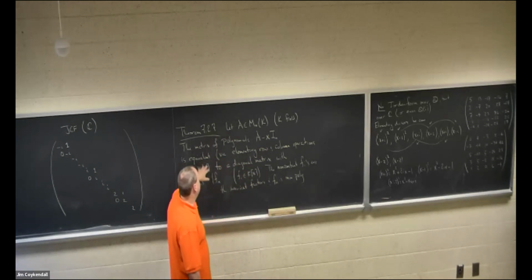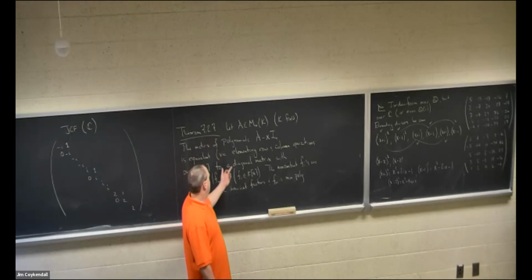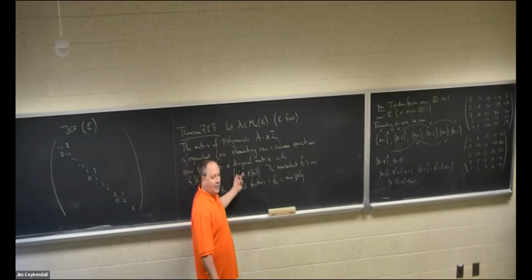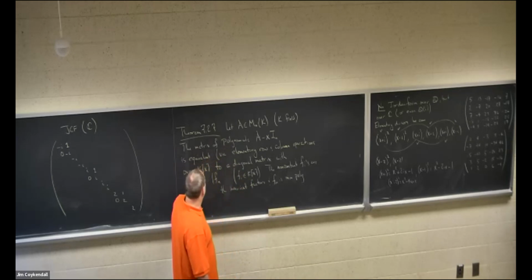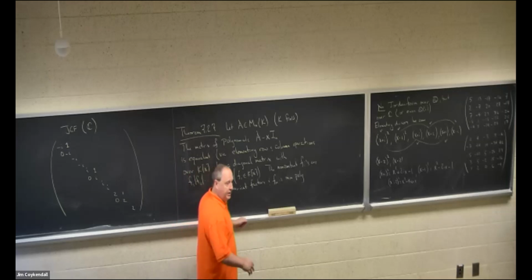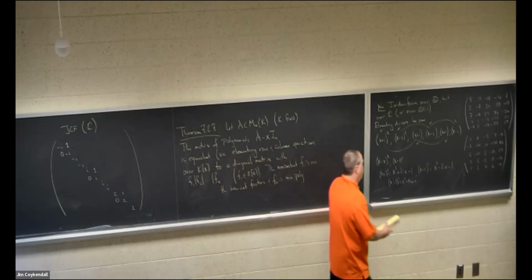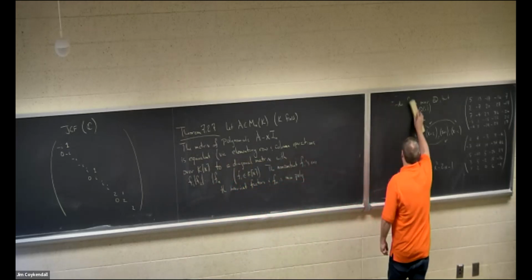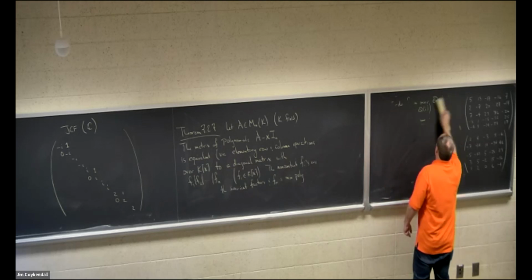Actually, because this is a Euclidean domain, you can always reduce this to a diagonal matrix where the diagonal entries are non-zero polynomials, and they could be constants. It could be 1. And the non-constant ones are the invariant factors. The product of all of them is the characteristic polynomial, and the largest one, the one in the lower right corner, should be the minimal polynomial.